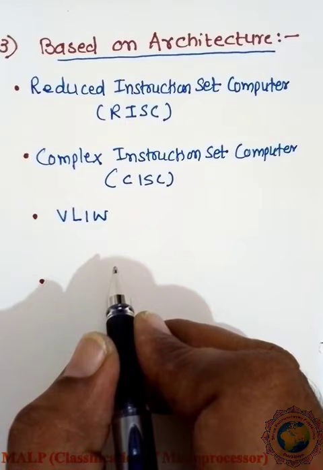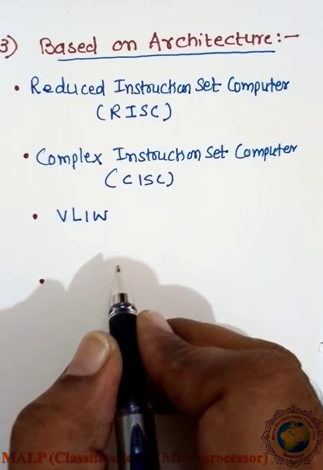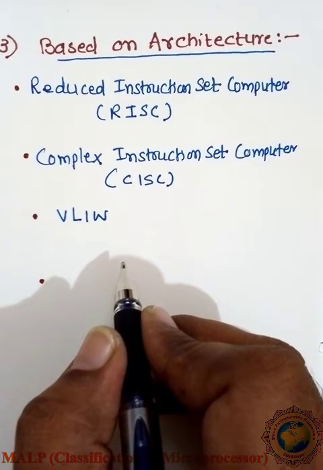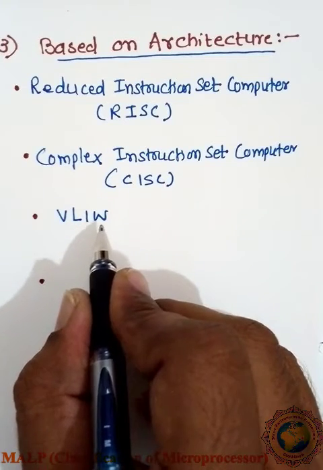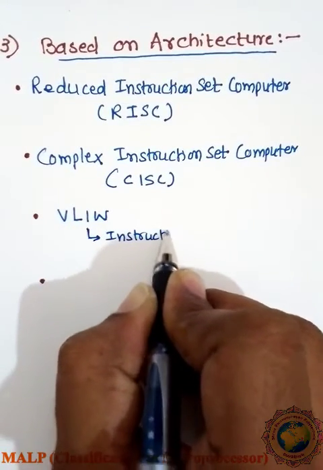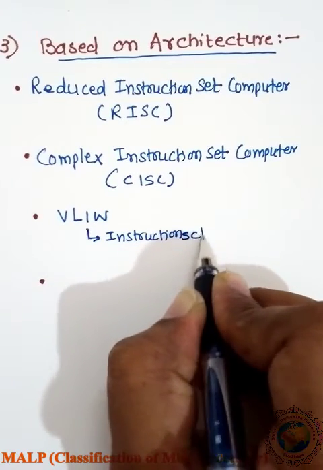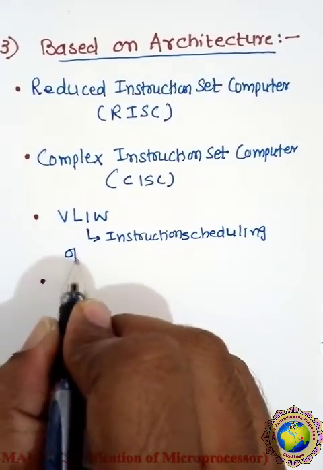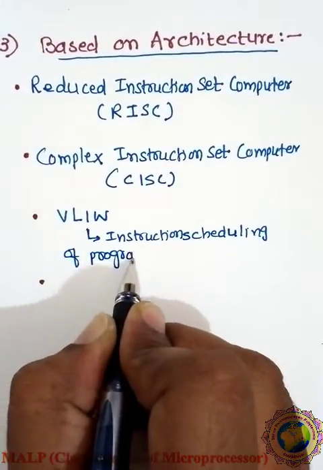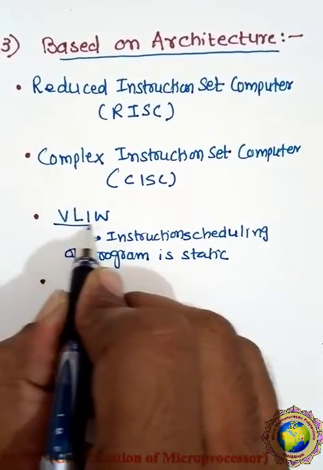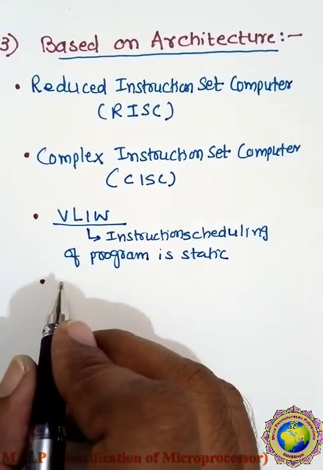Once again I repeat, these architectures are capable of executing multiple instructions in one cycle, and the instruction scheduling of the program is static. So remember, in VLIW the instruction scheduling of the program is static.